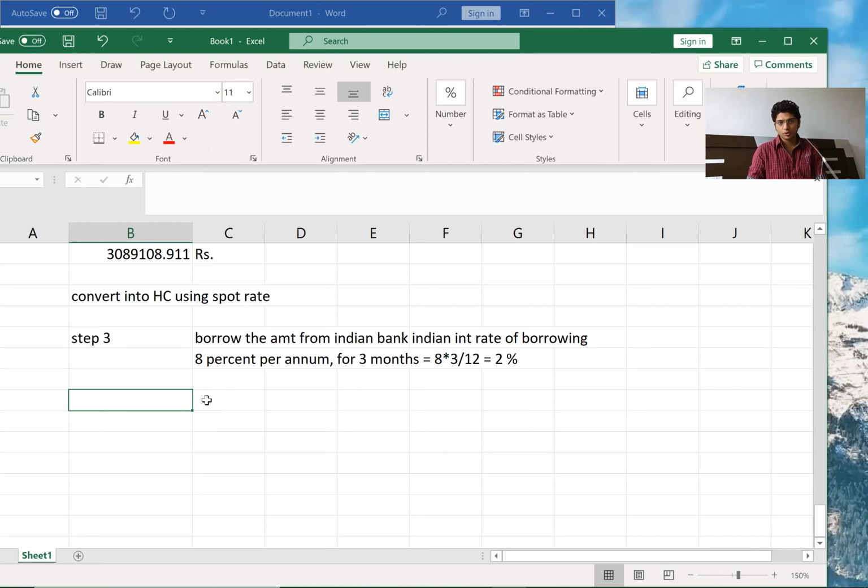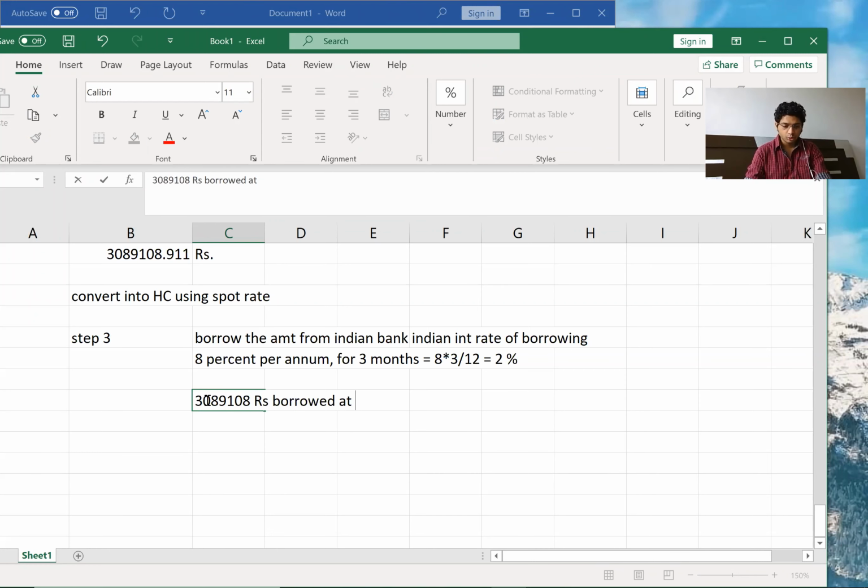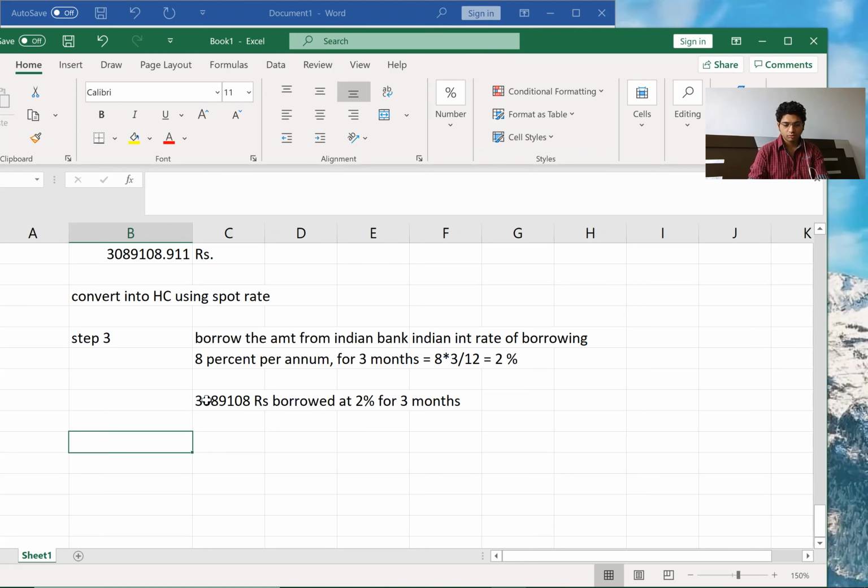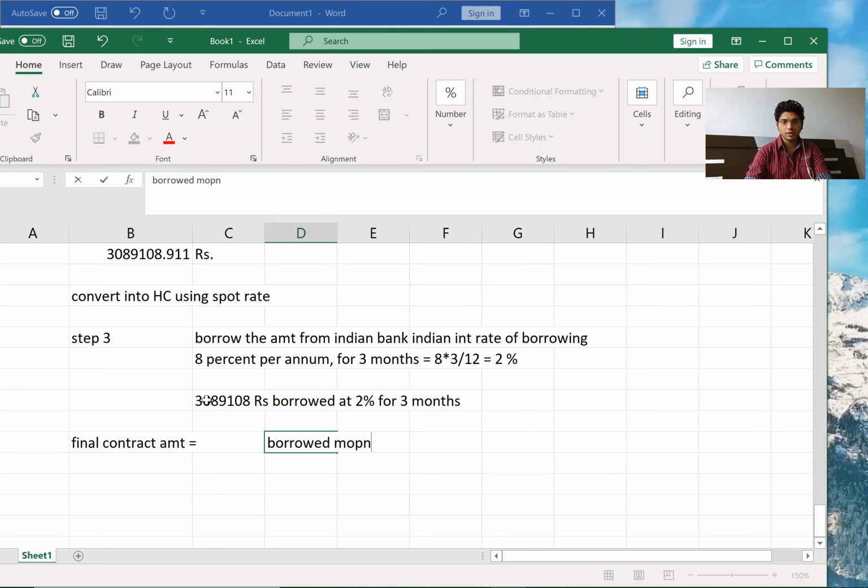So how much have we borrowed? We have borrowed 3,89,108 rupees at 2% for 3 months. So therefore the final contract amount will be your borrowed money plus interest.